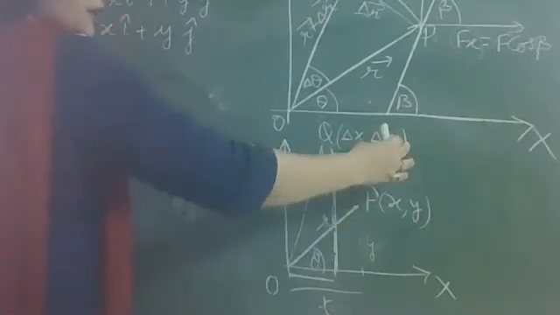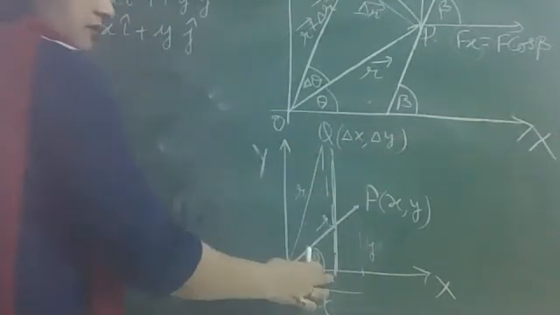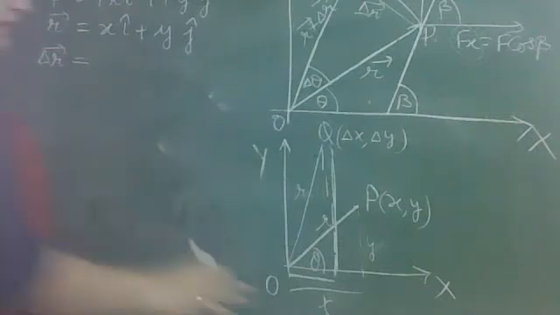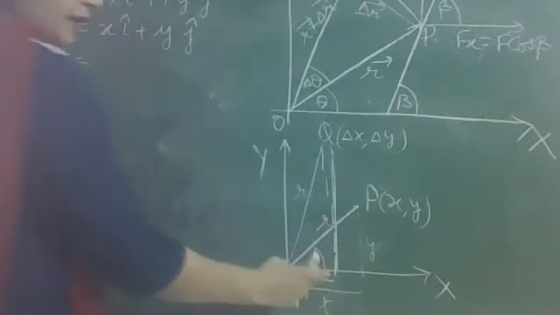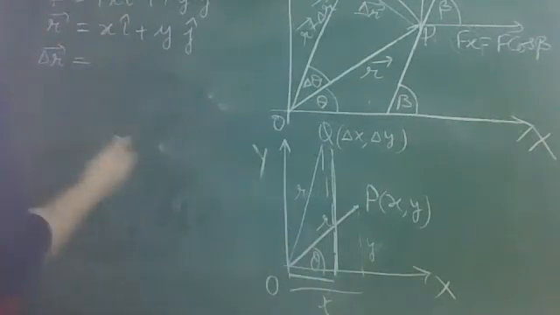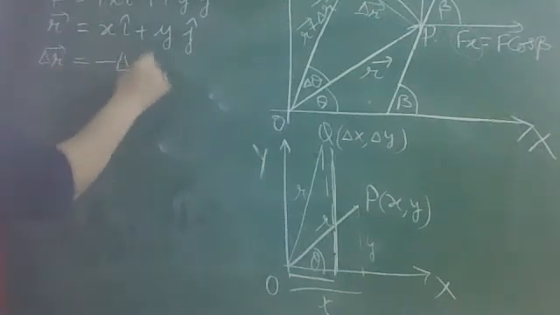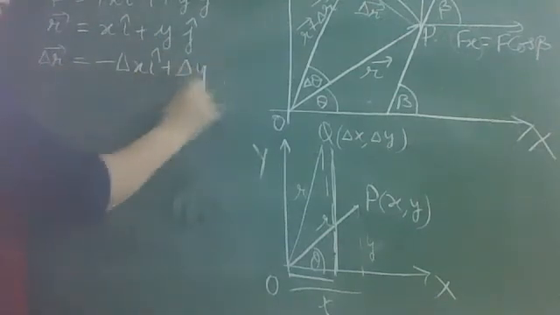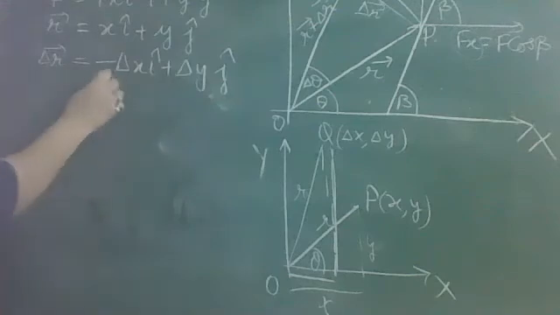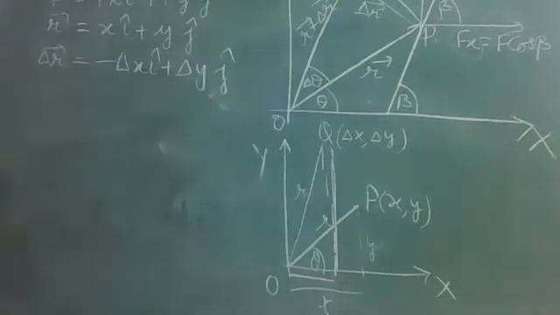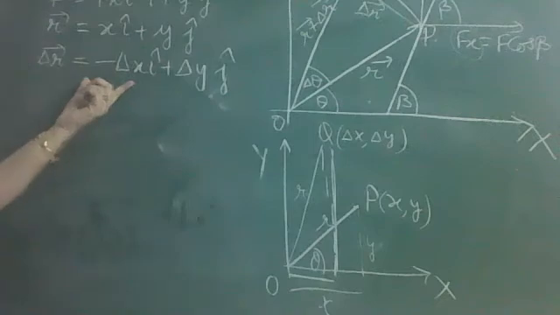So y coordinate has increased definitely, but in the x direction it has decreased. This was x, this delta x, it has become smaller. So that means delta r can be written as minus delta x i cap plus delta y j cap. This negative sign shows that it has decreased in x side. It is less than the previous one.